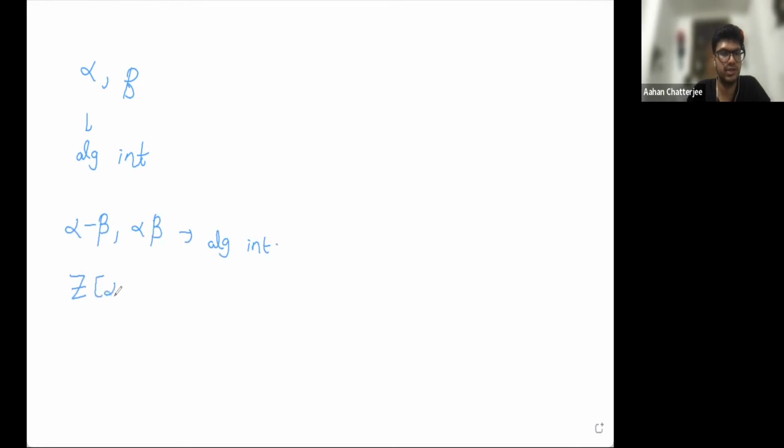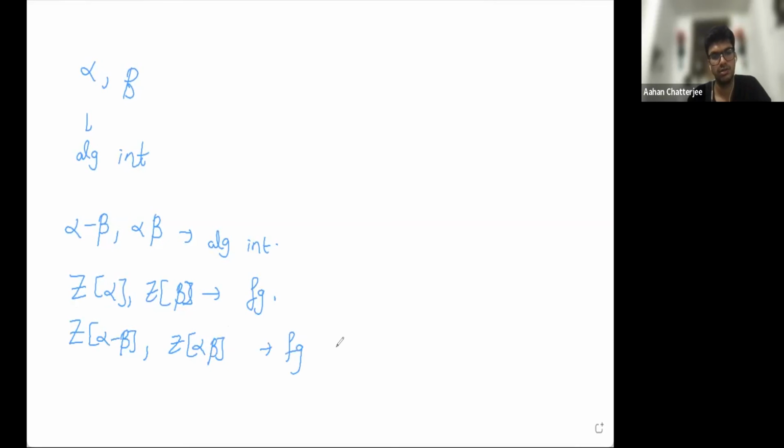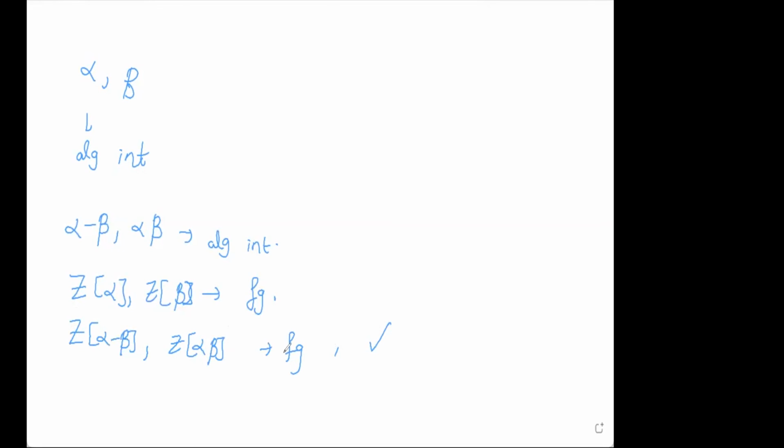So we consider Z[alpha] and Z[beta]. By our previous proposition, these are both finitely generated. And if we can show that Z[alpha minus beta] and Z[alpha beta] are also finitely generated, then we are done. Right? This much is fine.